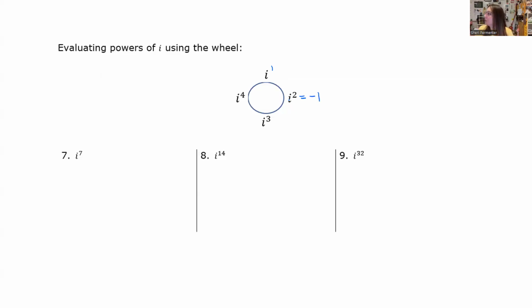And so if you can remember those two things, figuring out the other side or what's across from them is just the opposite. So if this is positive i, this one turns into negative i. If this is negative 1, then this one is positive 1.